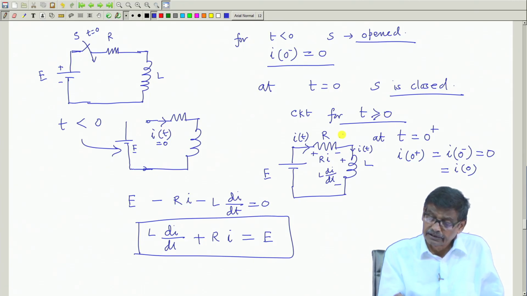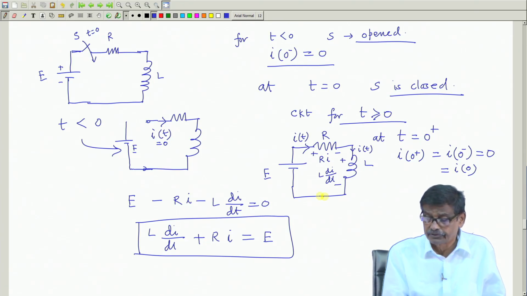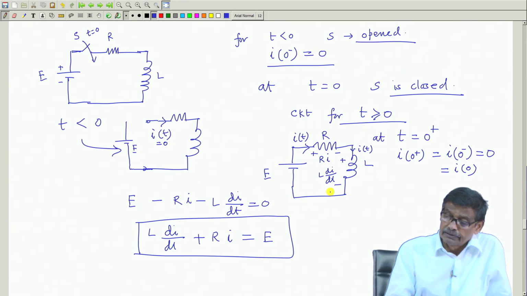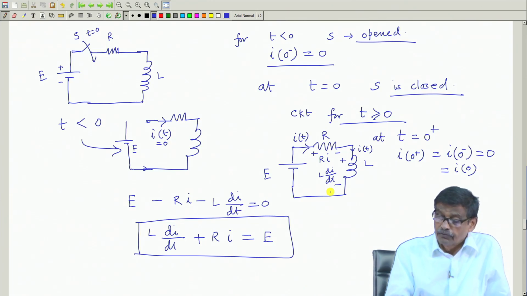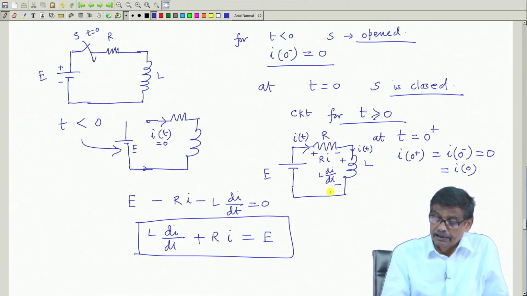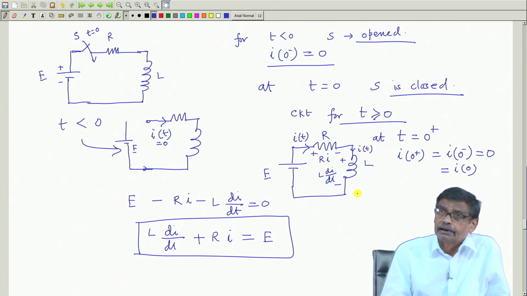Therefore, for the circuit for t greater than 0, of course, a source is connected across two elements in series, one of which is the energy storing element L, and there we expect some current to flow, and maybe that current is a function of time, because L is present.